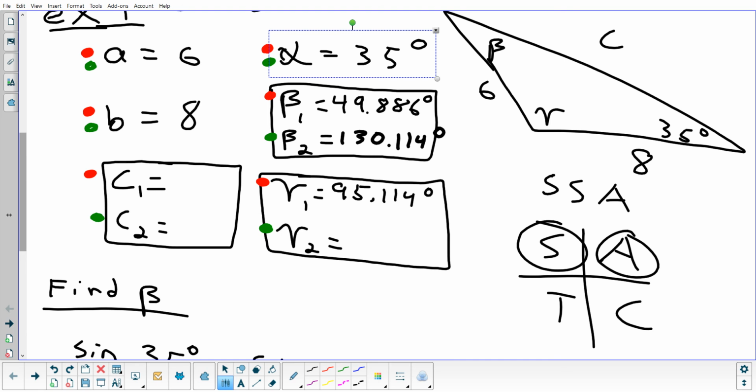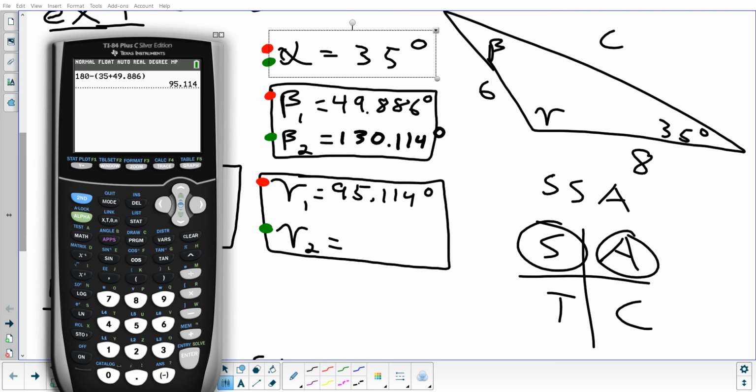Now, you could finish off the red problem and do C1, but while we're doing the angles, I would just finish the angles first. Let's do gamma 2. Right, so how would I do gamma 2? 130.114 plus 35 minus 180. Yep. So that's going to give me 165.114, and I'll just subtract that from 180.